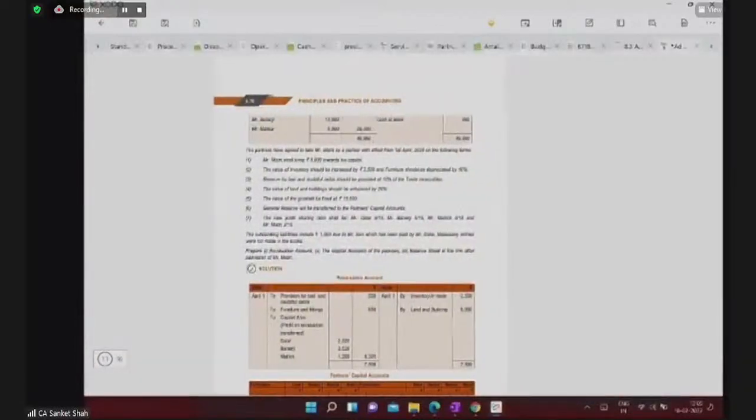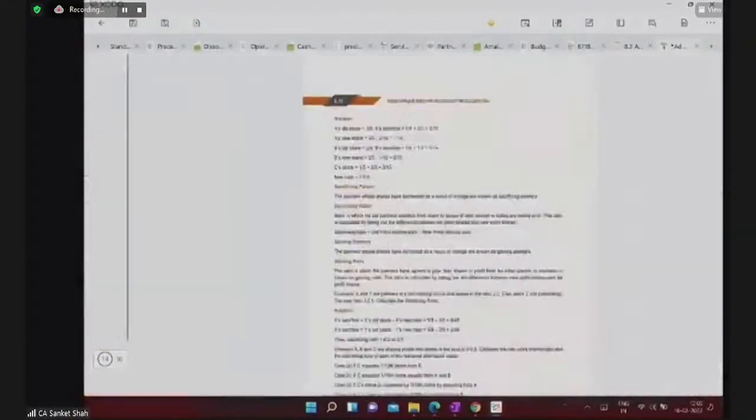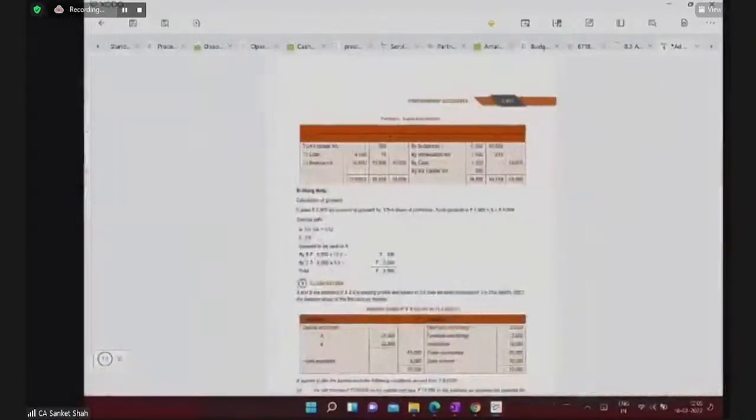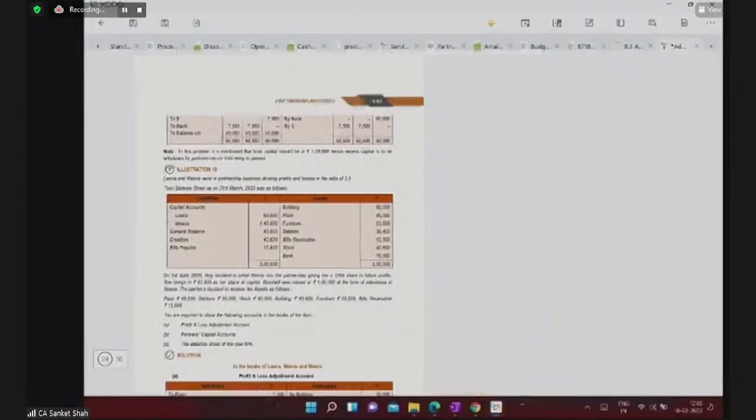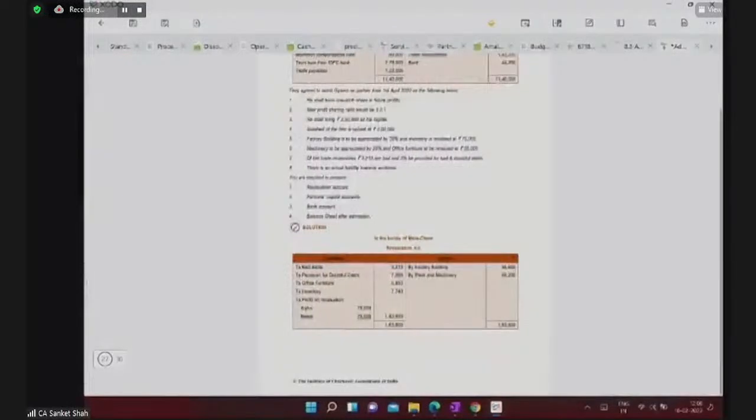131, 160. Okay, we'll solve one more difficult question. I think illustration number... chalo alpha beta, I think alpha beta is easier.